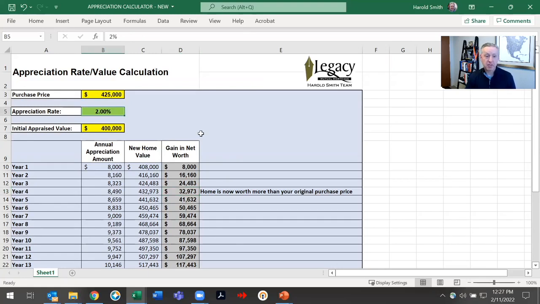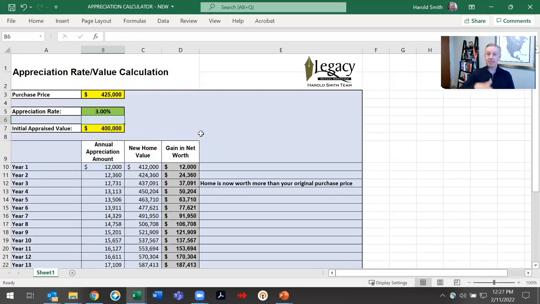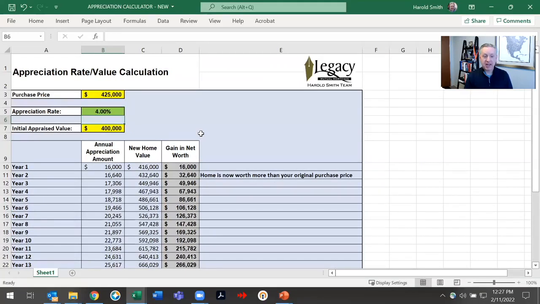Let's say it's 3%, not 30, how about 3? There we go. Notice what happens. That payback time when the house exceeds the value gets faster. If it's 4%, you see where this is going. Notice how that's changing every time I'm doing that. In other words, as long as they own the home for a while, it will work out.